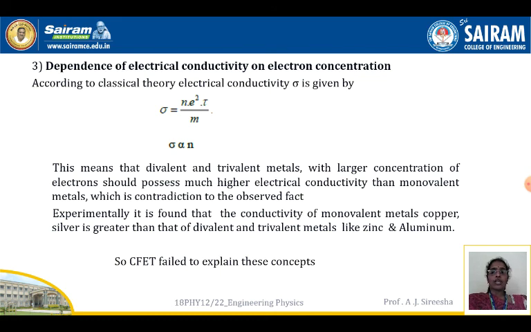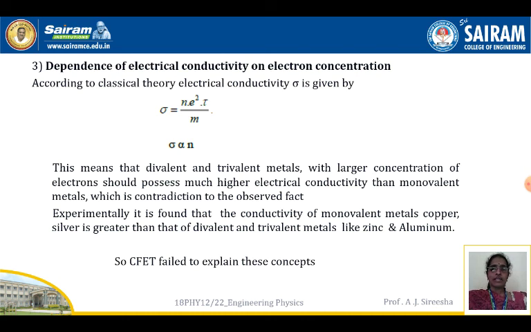What exactly it means here is, we know that sigma is proportional to n. According to this equation, the more the value of n, the more should be the conductivity. But here, monovalent metals like copper are more conductive than divalent or trivalent metals. Experimentally, it was proved that copper is more conducting than zinc or aluminium, which are Zn 2 plus and Al 3 plus.